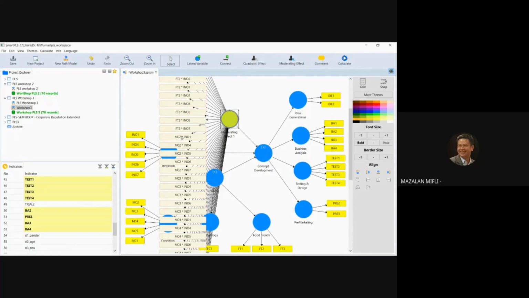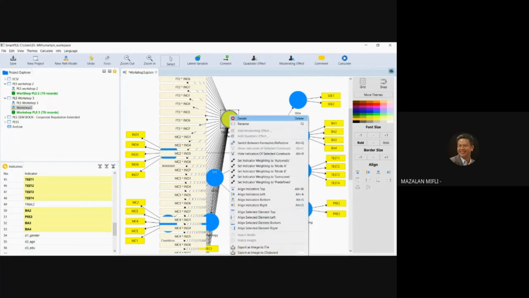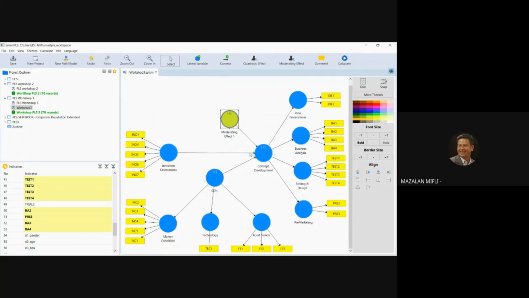If there is a node, there is an interaction, so they check the interactions one by one. So it will be good. You can make it bigger. Moderating effect 1. That's all. Then we are going to calculate.